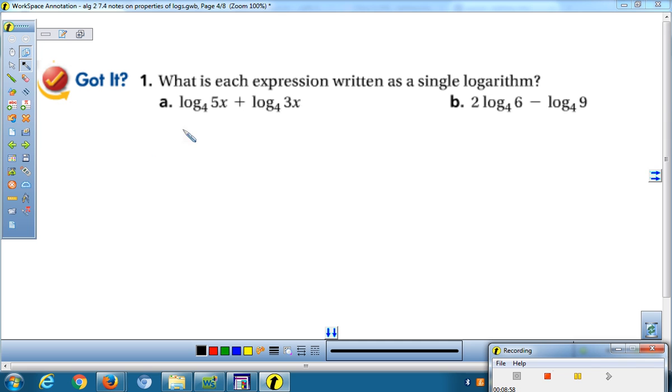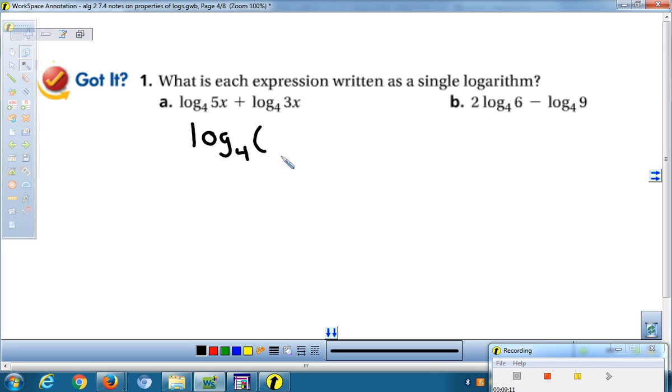All right, let's look at that first one. Can somebody tell me how to condense it? Raise your hand, please. I'm going with Tyler S. I know your hand was up. I'm calling on you. So this condenses to log base 4 of 5x times 3x.